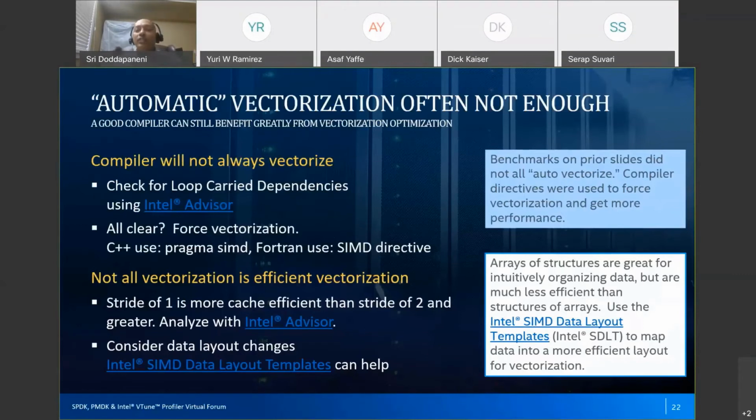Whereas using the Advisor, you're able to also dynamically profile and then actually compare what the static prediction is and what the dynamic performance is for that particular vectorized loop. And so by looking at it, sometimes you can say, hey, this wasn't actually a winner. In fact, the vectorized one is running slower than the serial, unvectorized version.